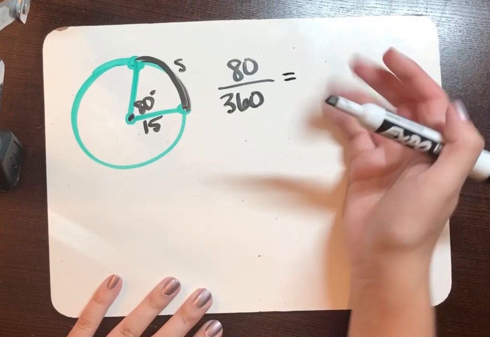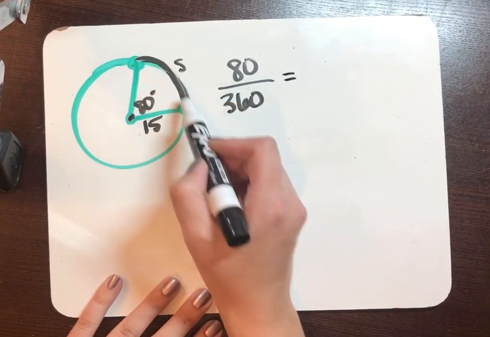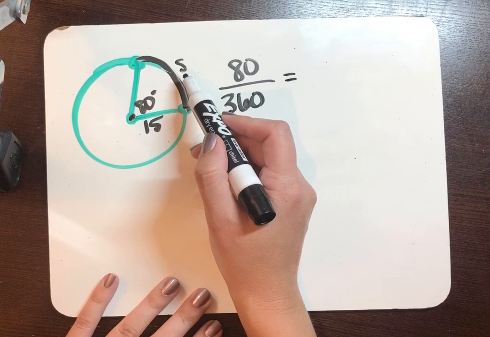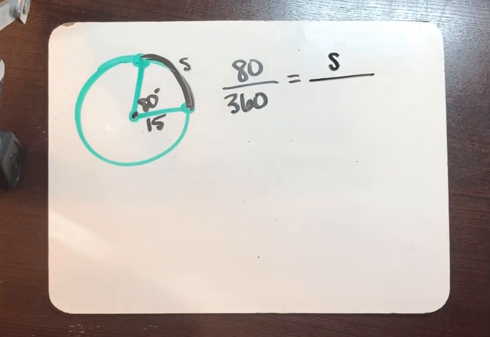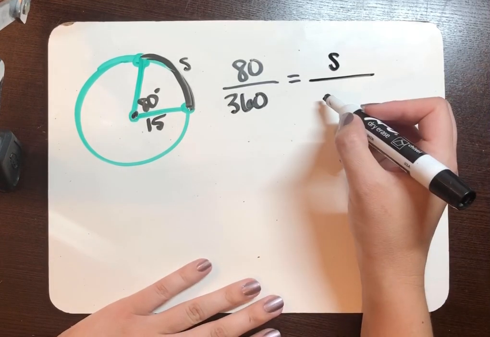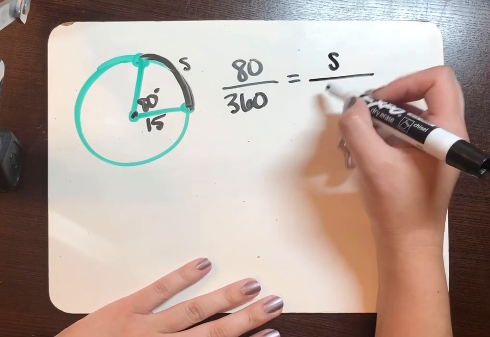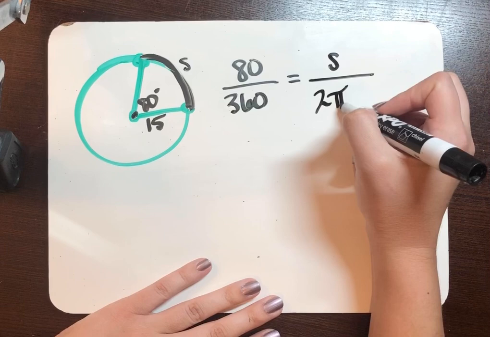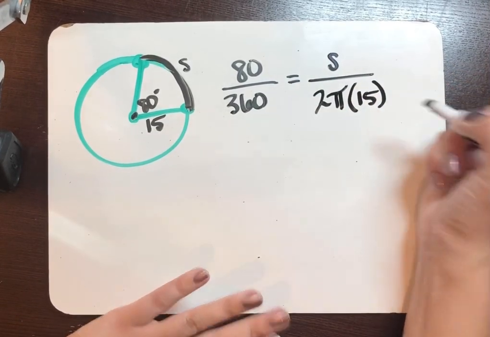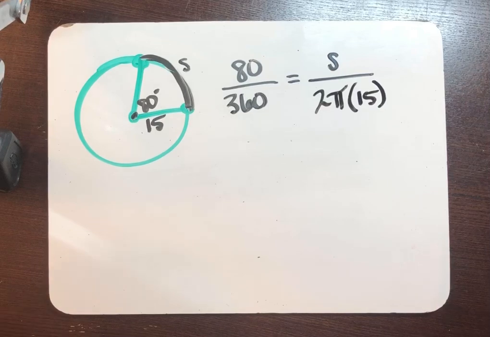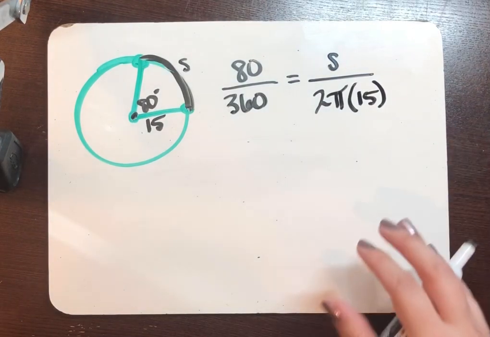The other side of my ratio involves the arc length. In this example, I'm looking for the arc length. So S is going to be the numerator, and it's over the circumference. The circumference we know is 2 pi r, and the radius here that we're given is 15. So this is just my general setup for this equation.